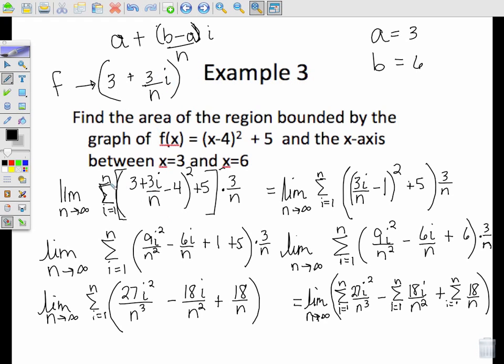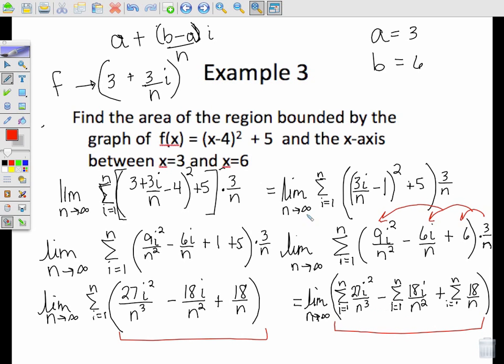All right, so here's your solution, and I'll tell you kind of what I did overall. I substituted the 3 plus 3 over n times i right here, and then I simplified a little bit here. Looking at this next line, I FOILed, combined like terms, and then distributed the 3 over n. This is after the FOILing and after adding the 5 plus the 1.